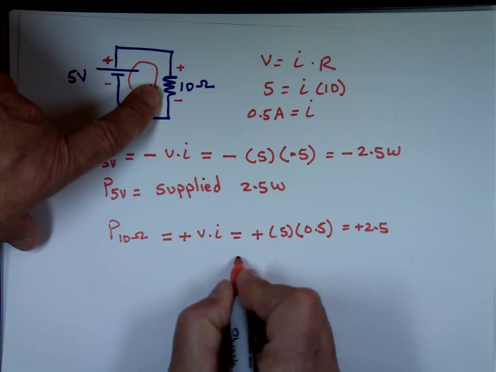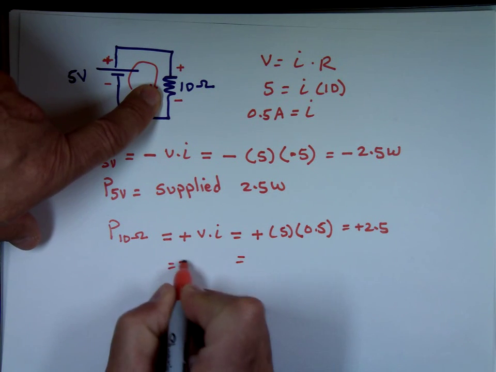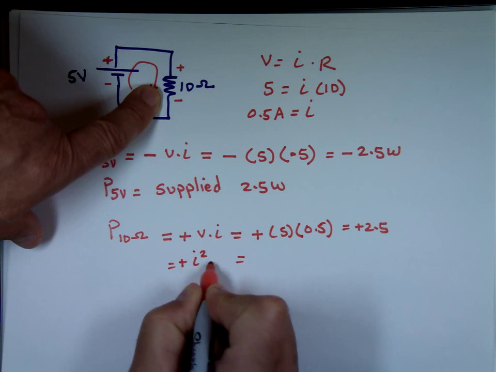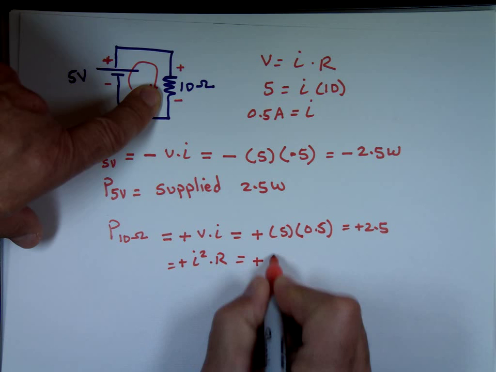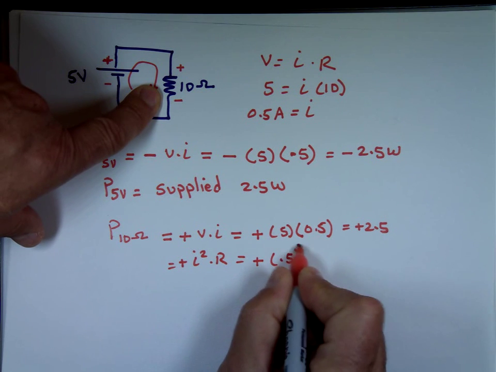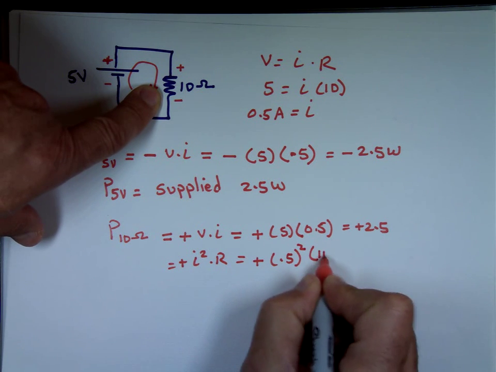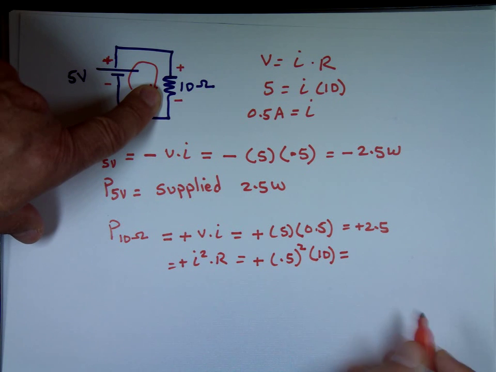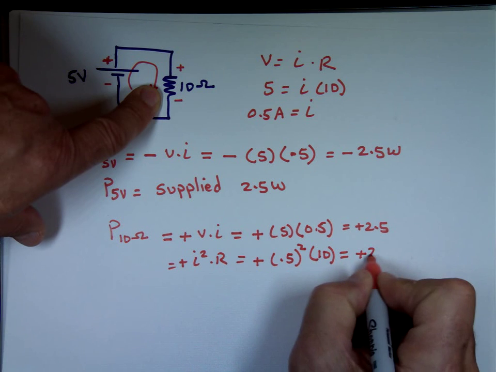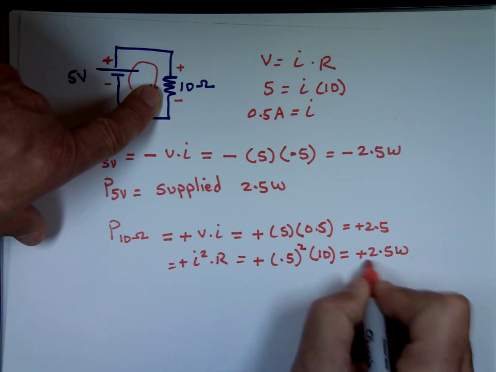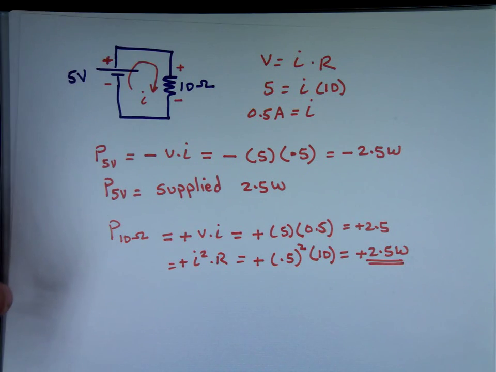Use the other equation, I squared times R. What's I? 0.5. 0.5 squared times R, which is 10. What's 0.5 squared? 0.25 times 10 is 2.5. So any way you slice it, it is plus 2.5.